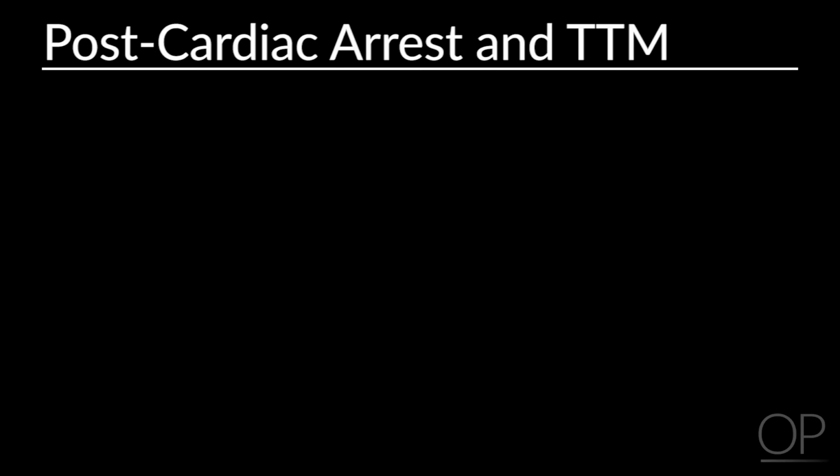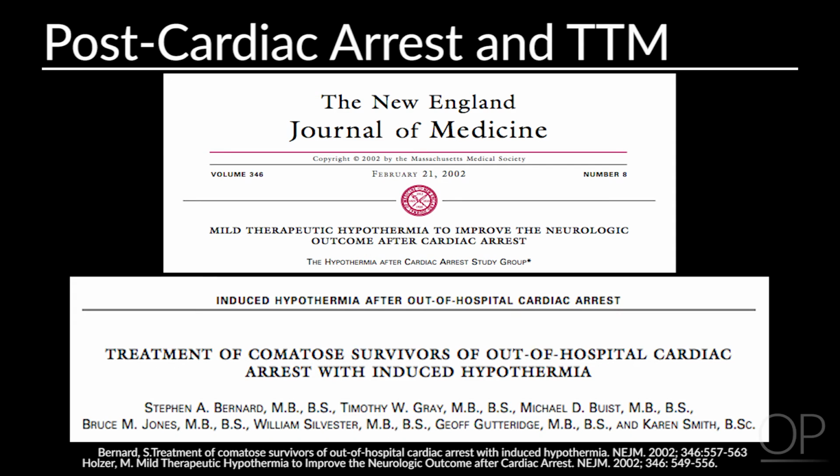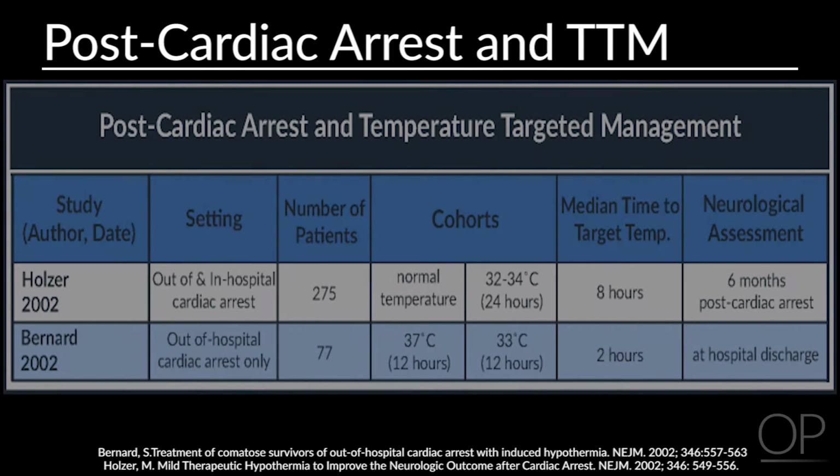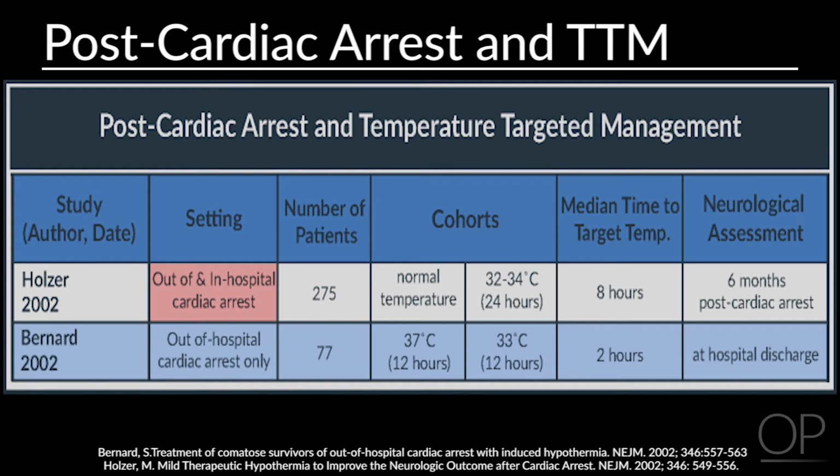So it's been over 10 years now since 2 sentinel articles were published in the New England Journal describing the use of temperature-targeted management for adults after cardiac arrest. The first study, the AHA study that I'll speak about, involved both out-of-hospital and in-hospital cardiac arrest victims with ventricular fibrillation.